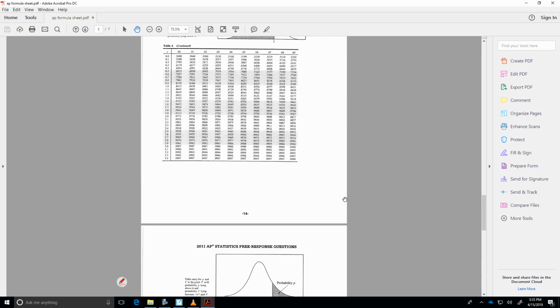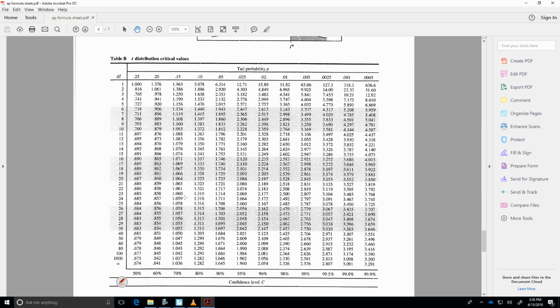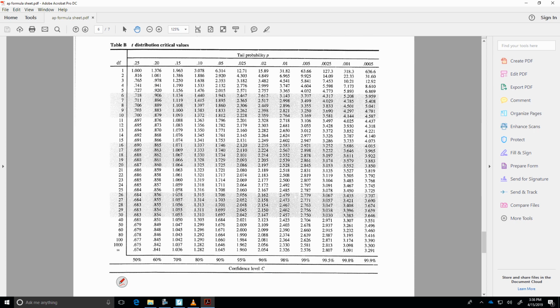So let's take a look at our T-star critical values. You'll recall that our degrees of freedom here is n minus 2. We had 70 observations on this problem, as you recall. So that's 70 minus 2 is 68. But we don't have 68 on here.